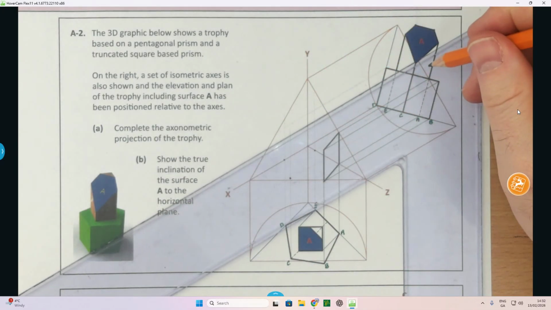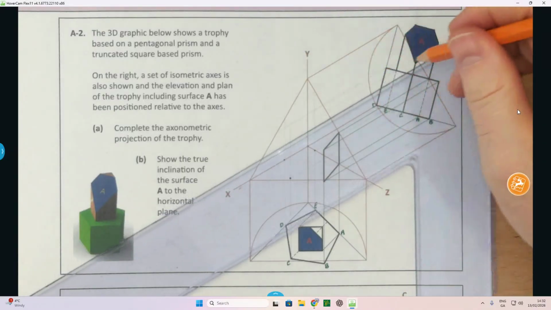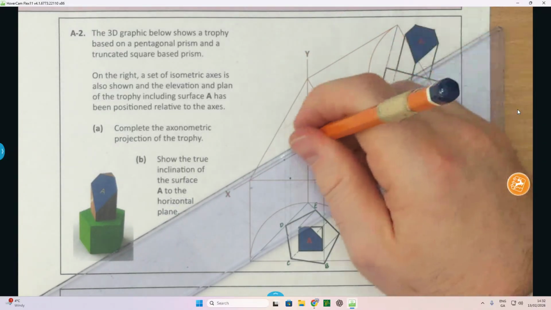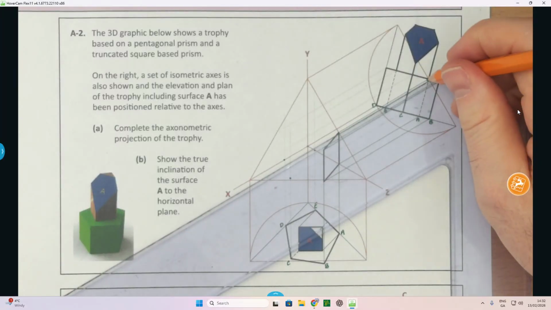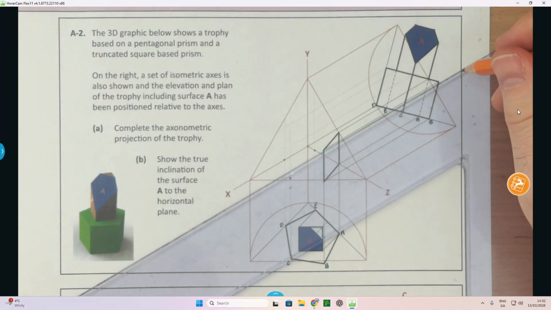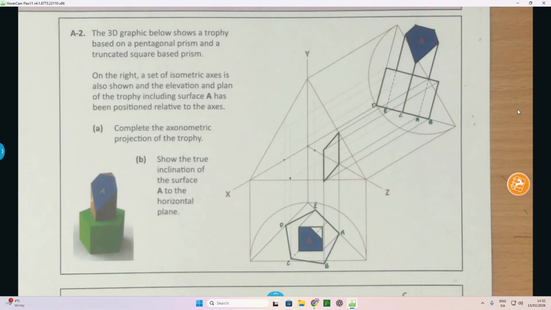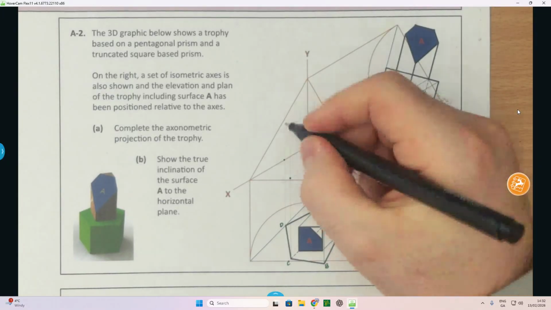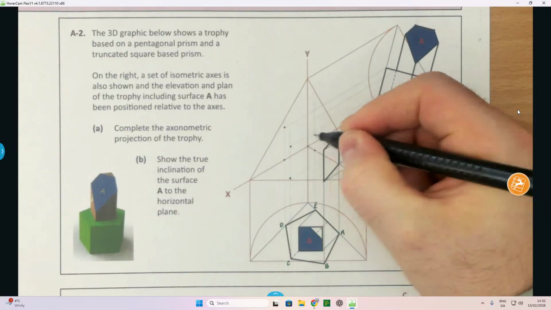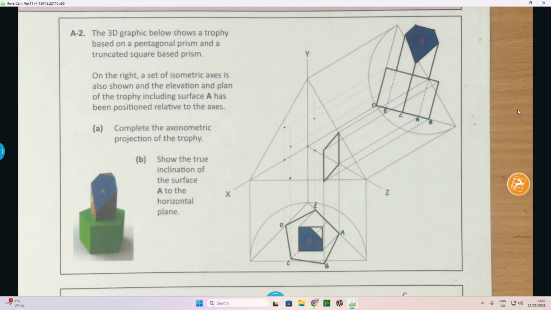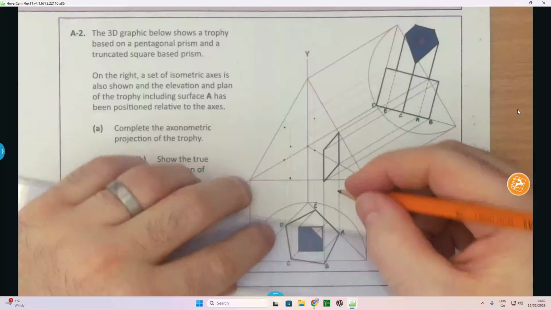Is that one there? Not sure if I see that one. We'll bring it in anyway. That one. That's already there, and that's already there. Okay, let's find the ones at the top. Very similar. Okay, now what I'm going to do is I'm going to draw that in.